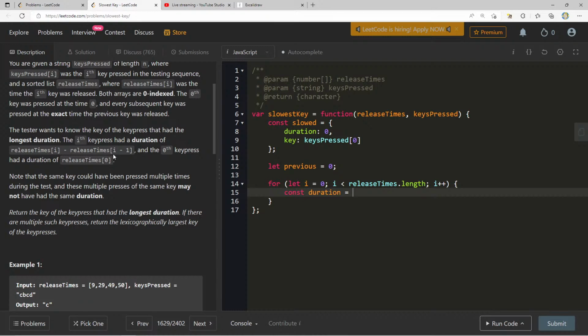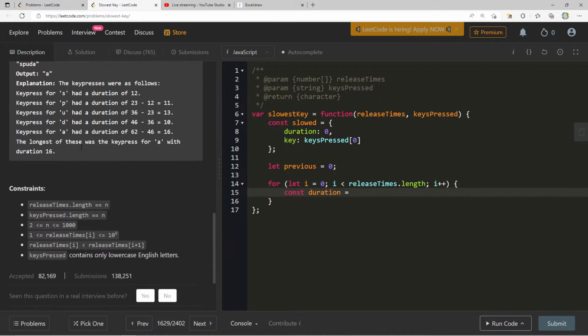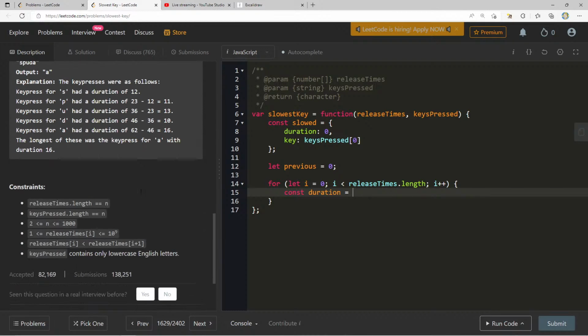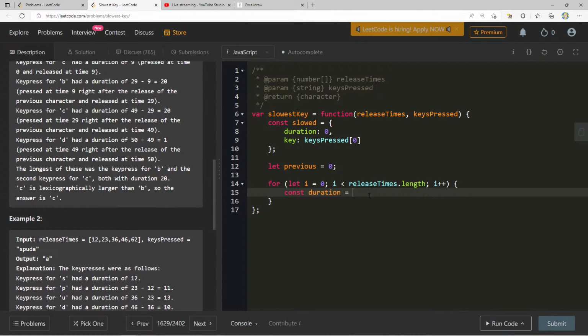Exact time, the tester wants to know duration. Is everything in duration always larger? Let's assume that's the case. So duration is release times of i minus previous. So now if duration is greater than slowest duration, only if it's strictly, I guess they can each have the same duration.